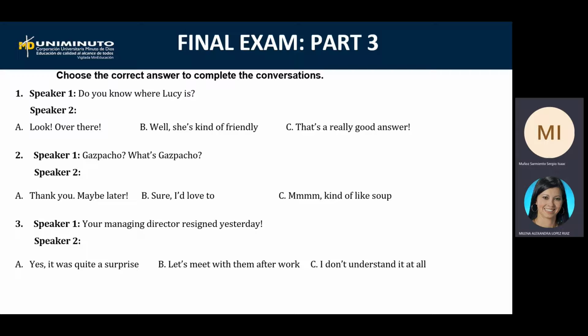Yes, it is the same structure. For the English part, it's going to be the same. That's why the university just takes into account the Saber Pro, and we are training you for the Saber Pro final exam, which has the same structure for the English final exam. Is it clear?